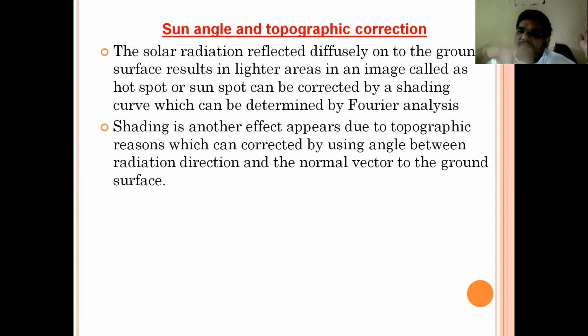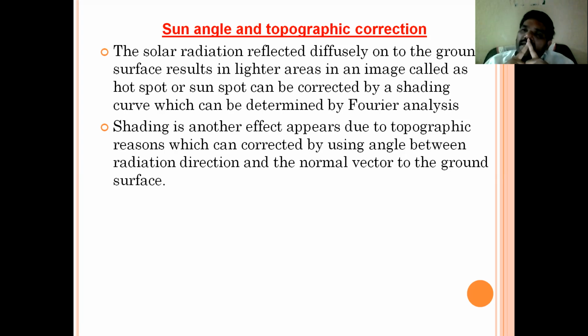Because of the topographic effects, some amount of shading will be observed on the image. That shading also will be removed with an angle that is determined, an angle corrected by using the angle between the solar radiation direction and the position vector to the ground surface.